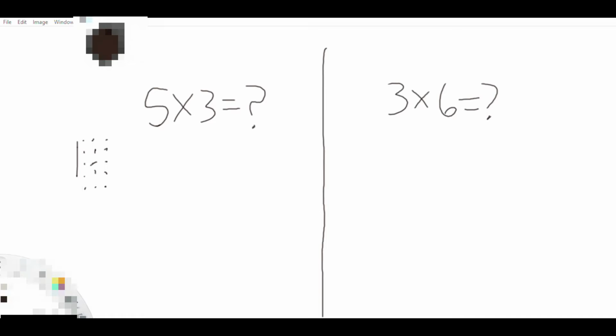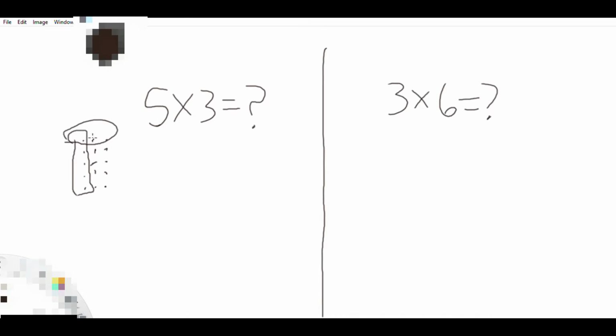This dot here has to go this way and this way. That's very important. If you just do it like this and just do 2, that's already incorrect.